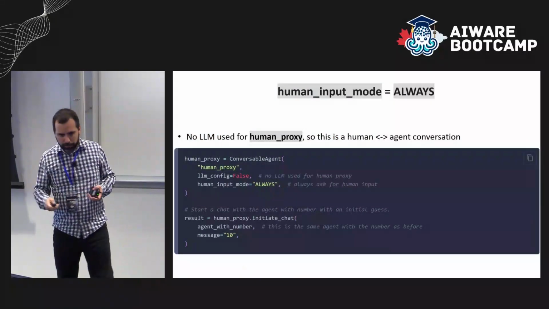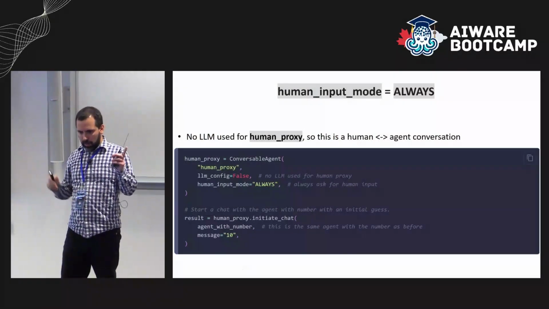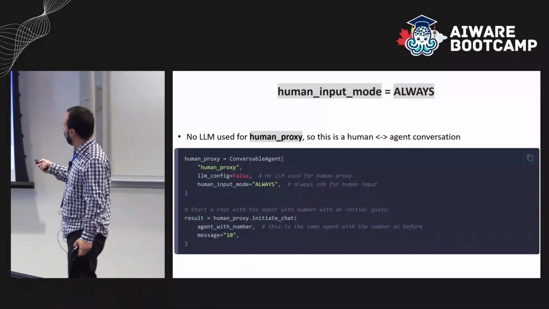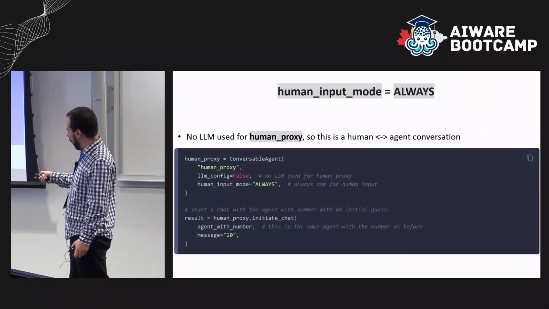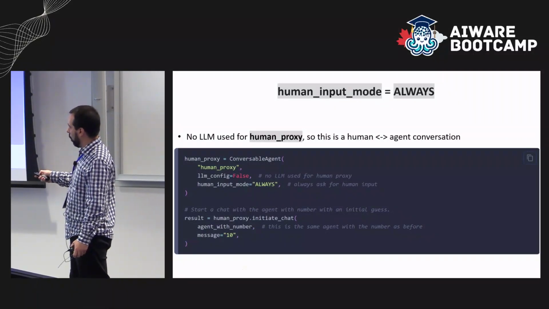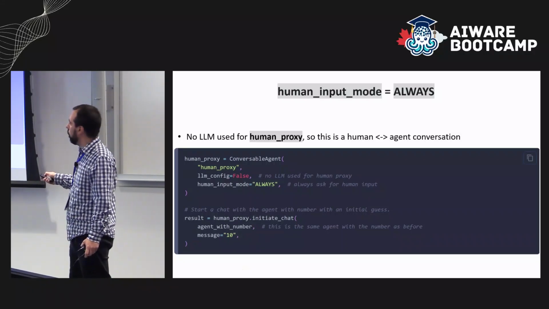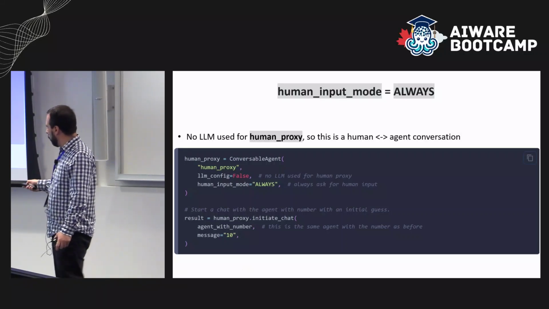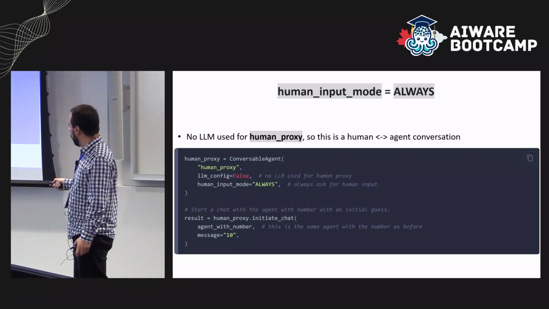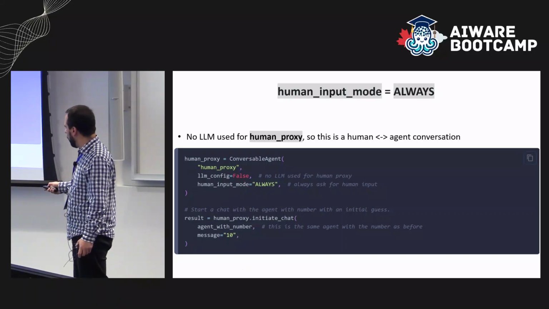Okay. So here again, we're going to play a little bit with this. Let's say human input mode is always. Same thing, conversable agent name. Note that this is being like a human proxy, so I don't define an LLM for it. The human input mode is always, so always ask for human input. And start a chat with the agent, try to guess the number again.